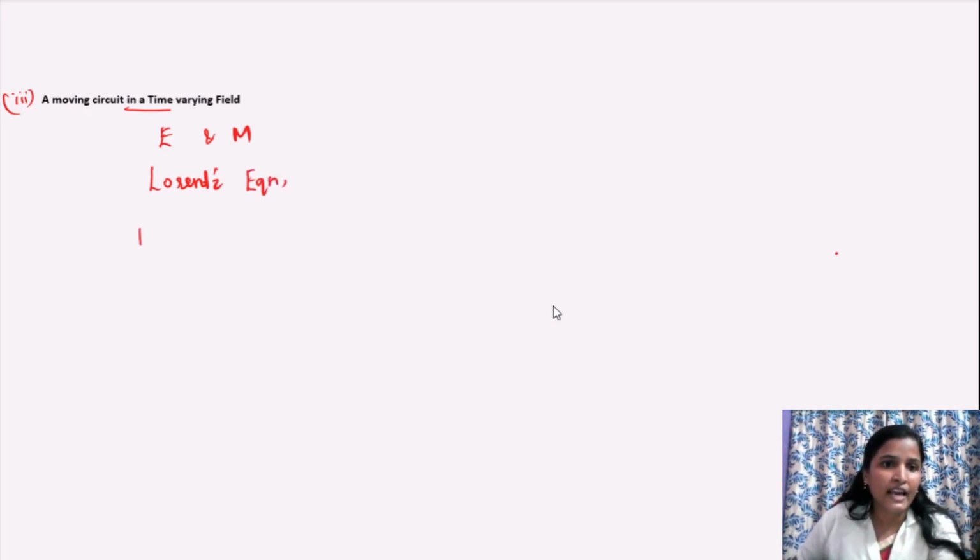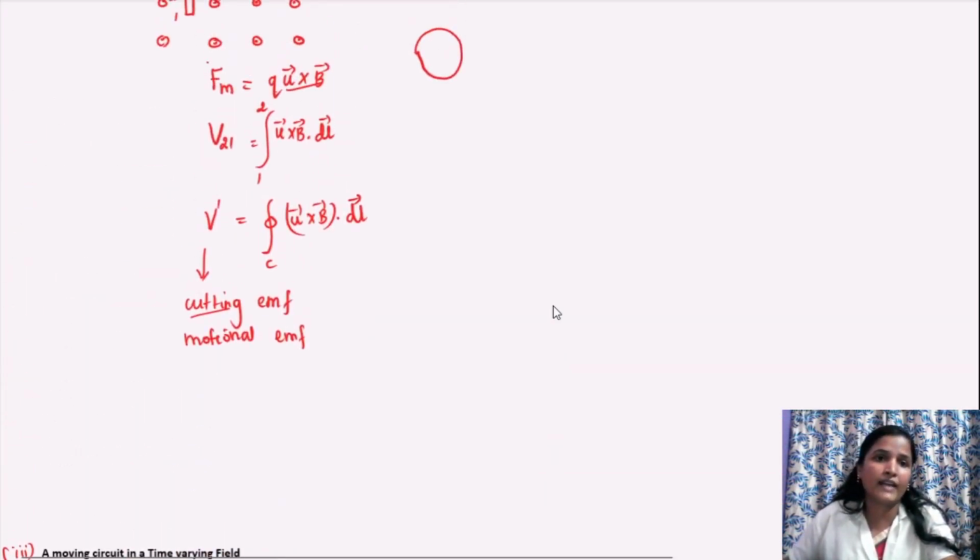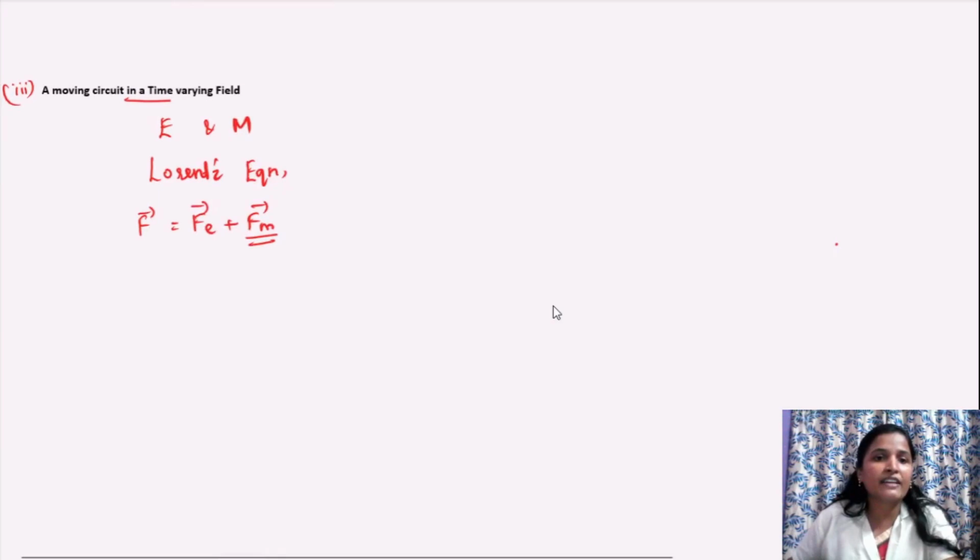F vector is equal to Fe, the force due to the electric field, plus Fm, the force due to the magnetic field. This Fm that we derived in the previous case is Fm equals Q into u cross B vector, and Fe is the force experienced by the charge because of the electric field.